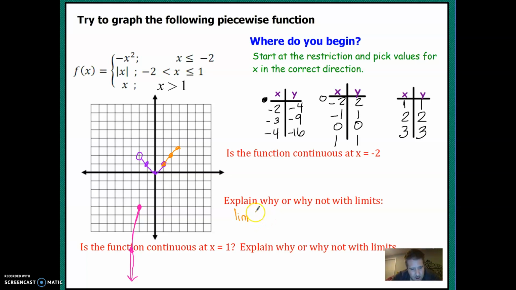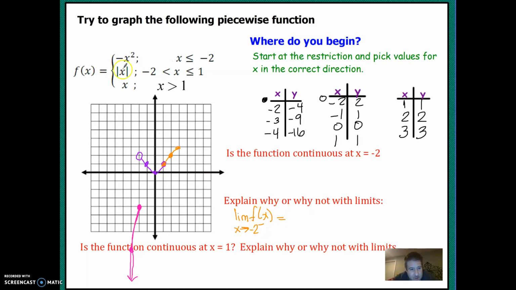I'm going to say the limit of, let's see, as x is approaching -2 from the left-hand side, the limit of f of x is, and now we're going to figure this out.